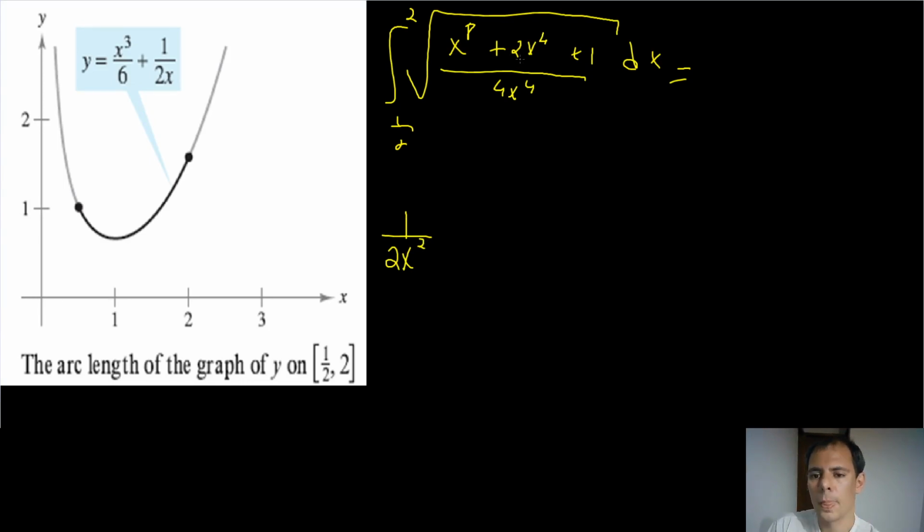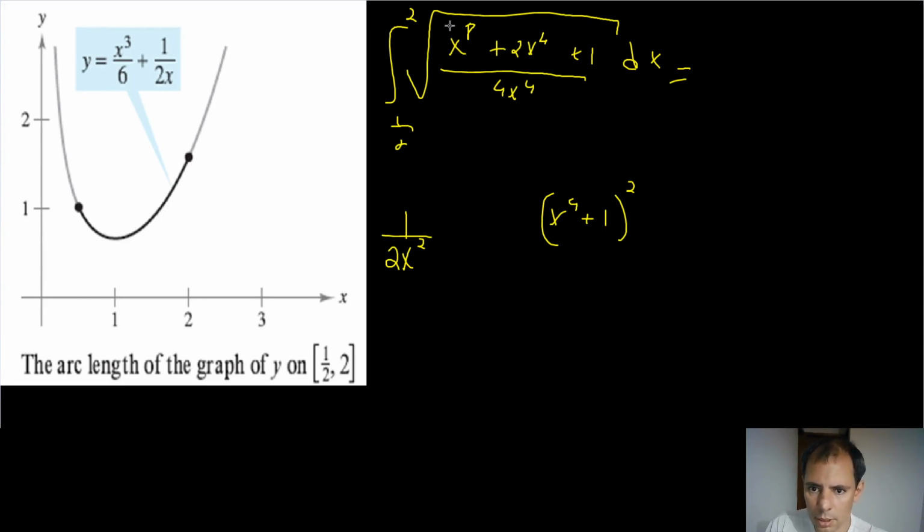Now, let's see. Let me think about this. You know what? I think this is the same as x to the fourth plus 1 squared. And it is: x to the fourth squared is x to the eighth, plus 2x to the fourth times 1, plus 1 squared. Yeah, so this thing equals that.